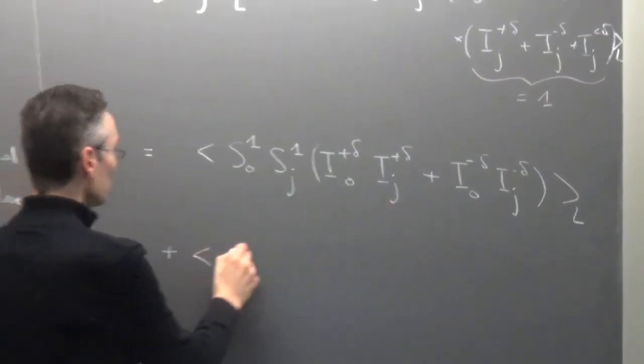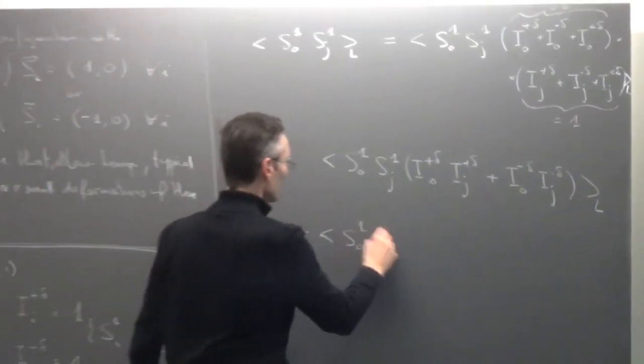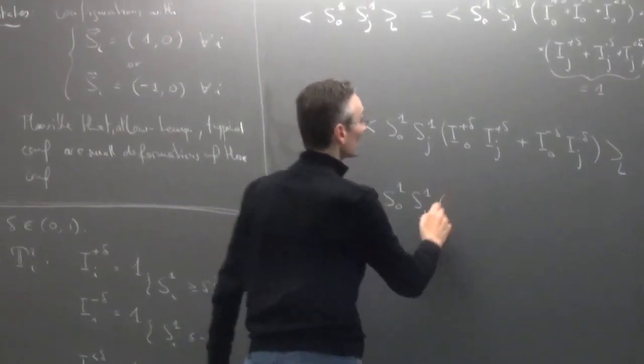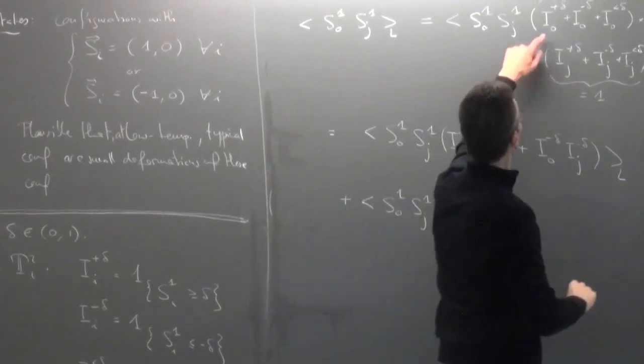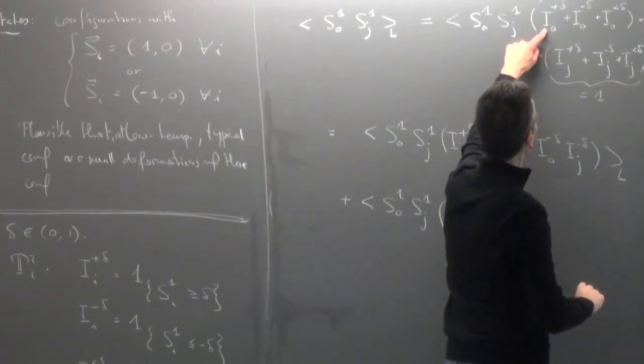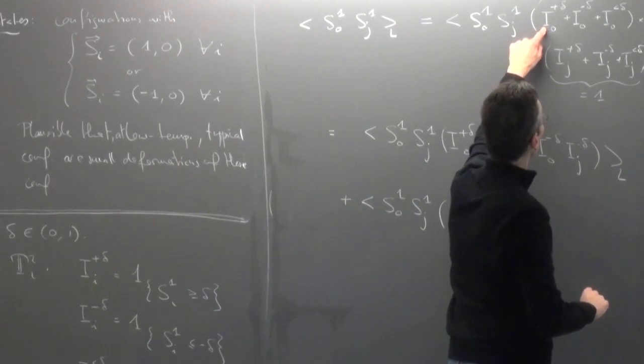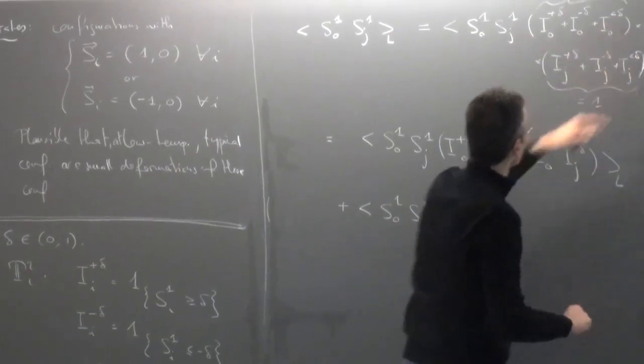And then we get also, yes, should be enough place. So S01 Sj1, which multiplies. Now what do we want to take? So I can take some mixture like, okay, I will first take this.